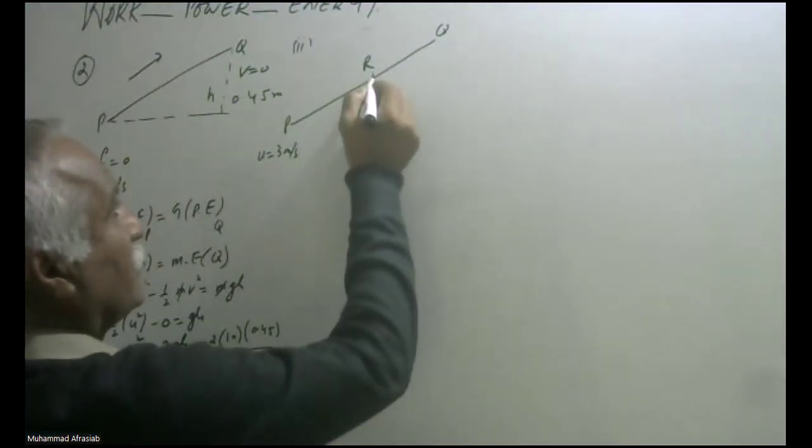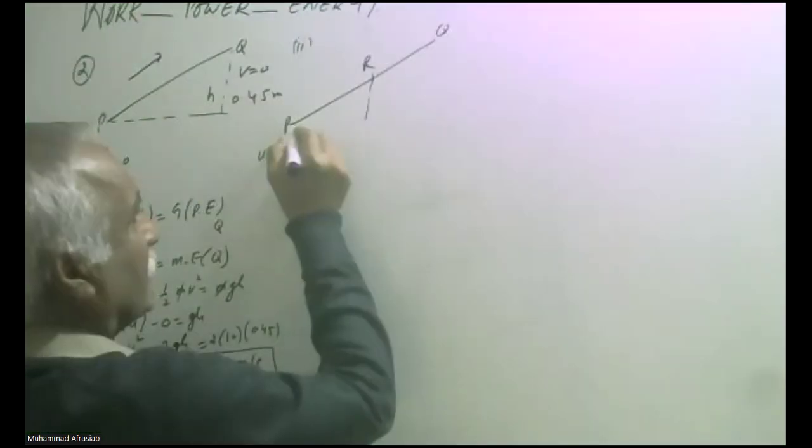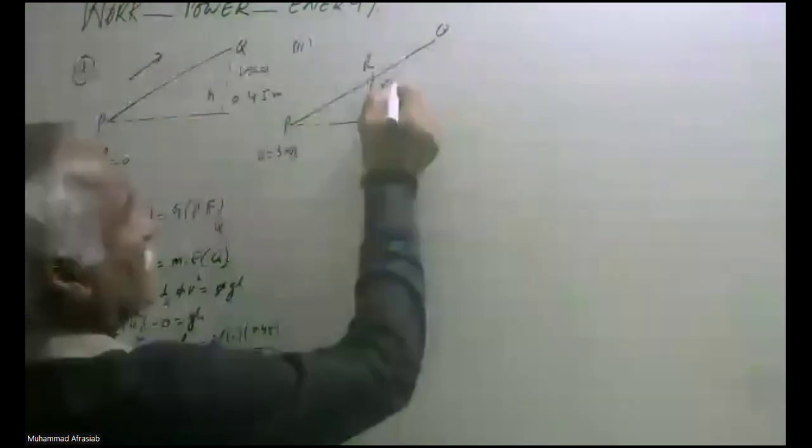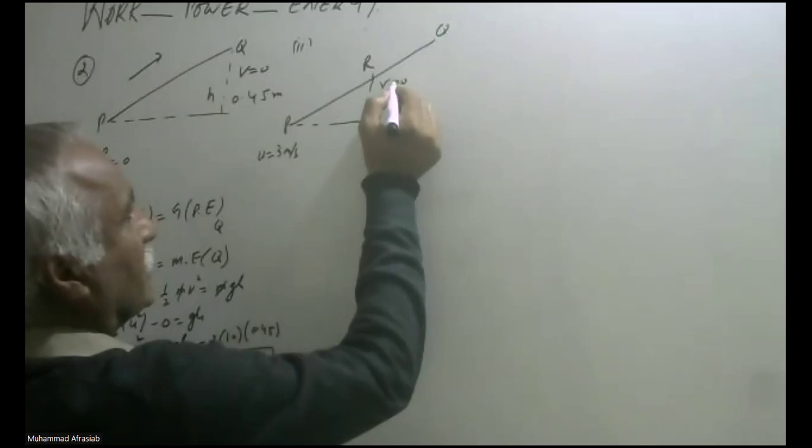And it just reaches this point R, where its velocity will be equal to 0, because it has just reached the point R. And the work done against the resistive force is equal to 0.39 joules.